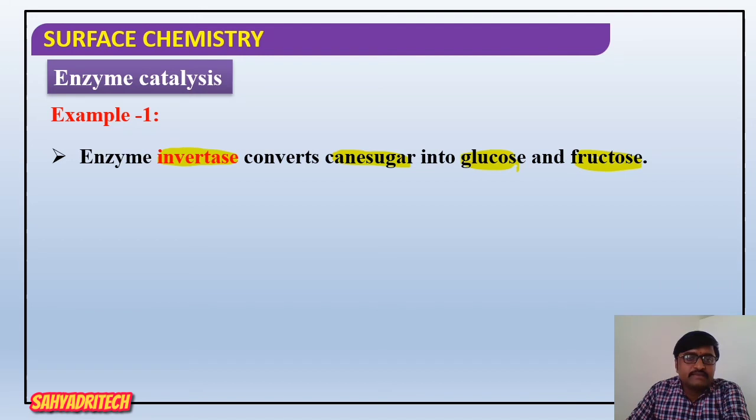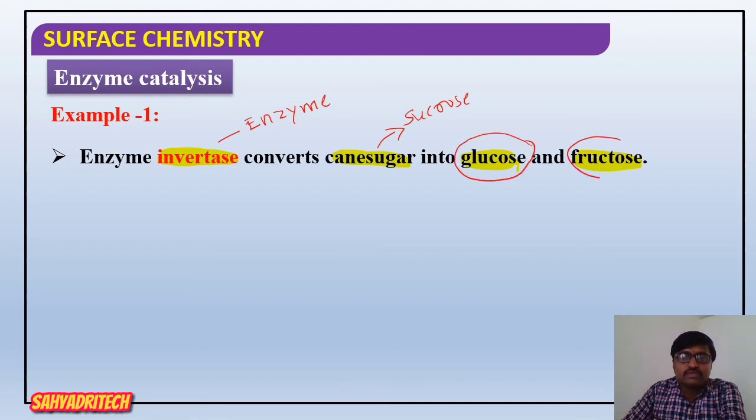Invertase is an enzyme which converts cane sugar. What is cane sugar? It is sucrose. It converts sucrose into glucose and fructose. Why do we call it invertase? Because sucrose is converted into glucose and fructose, there is a change in optical activity, so we call it invertase.